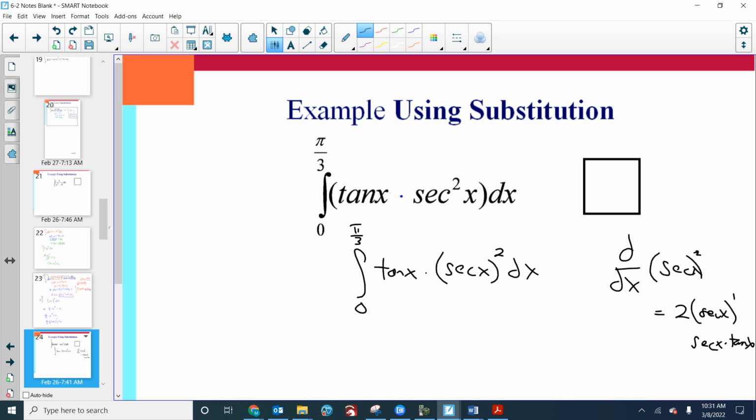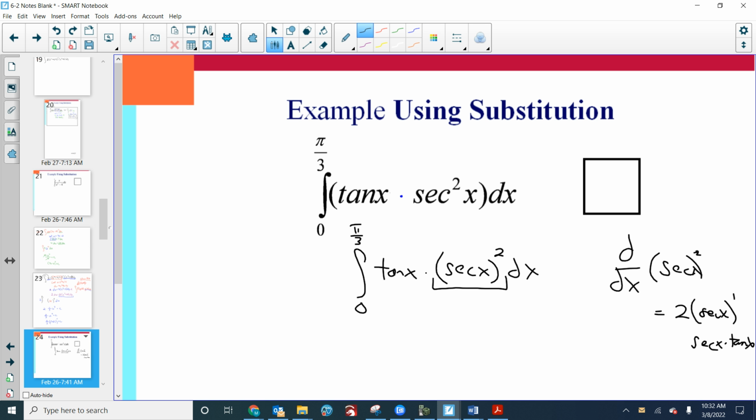Because if I let u equal this part right here, is my du tangent x dx? No, so don't pick secant squared x. That's actually the only one you couldn't pick. Okay? Good news. You can either pick tangent of x or secant x.